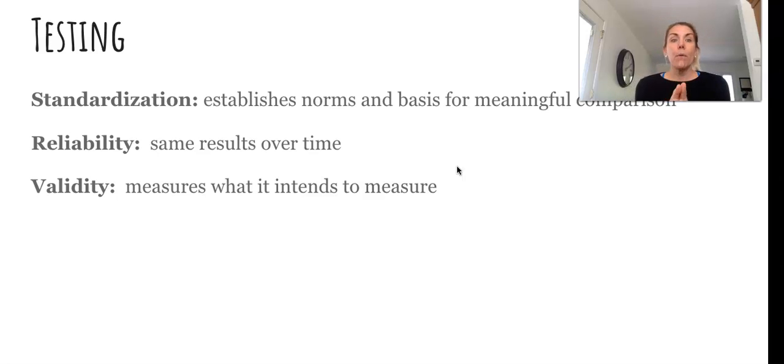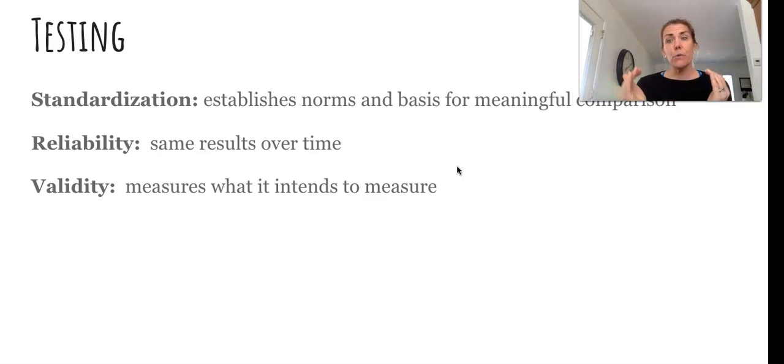So remember, standardization of testing is going to establish the norms and then the basis for meaningful comparison. Okay, so they're going to test this group and then they're going to norm it. And then people that continue to take the test are going to know what the normal score is for it.